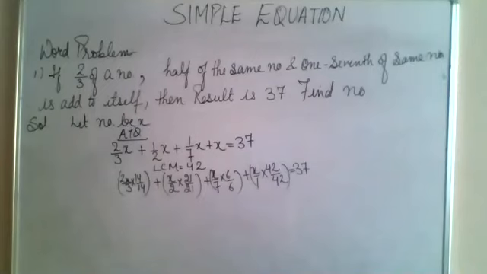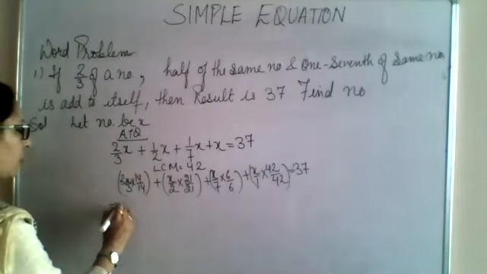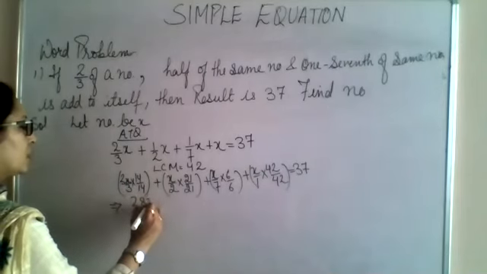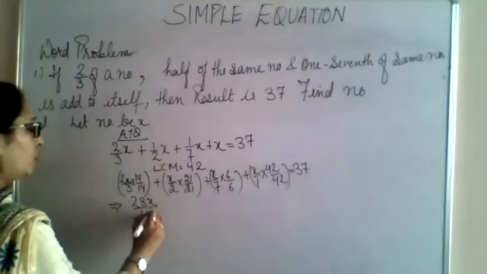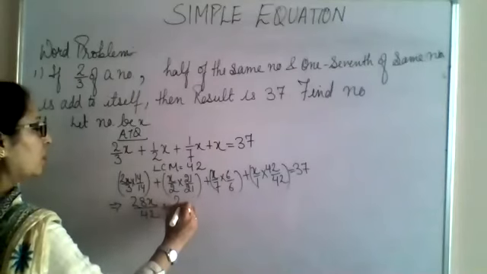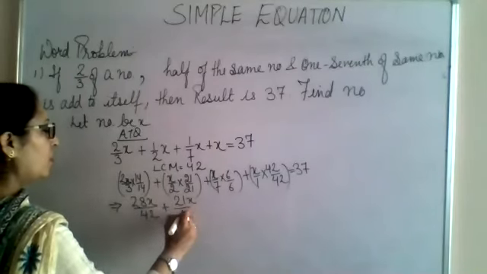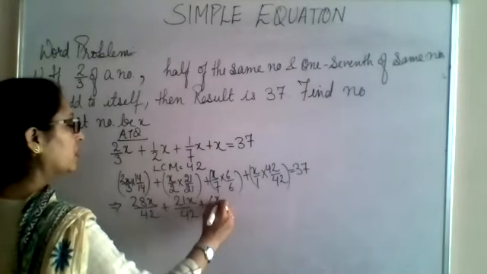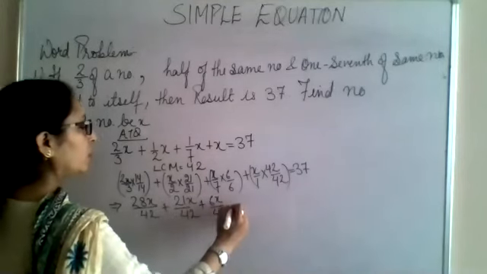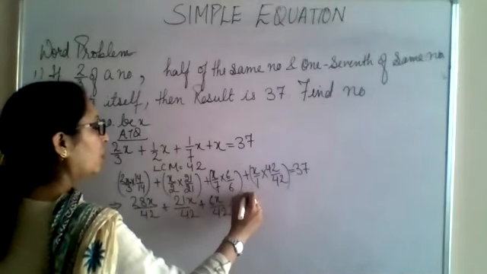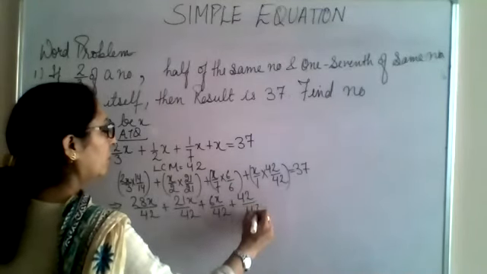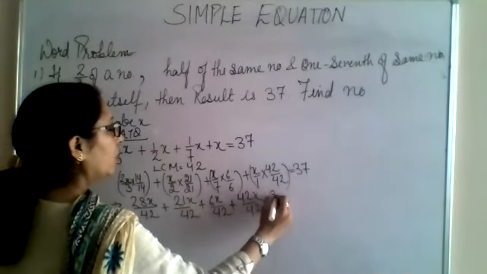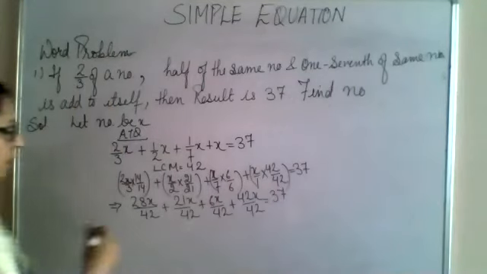Now after this, 28x upon 42 plus 21x upon 42, 6x upon 42, 42x upon 42 and will be equal to 37.